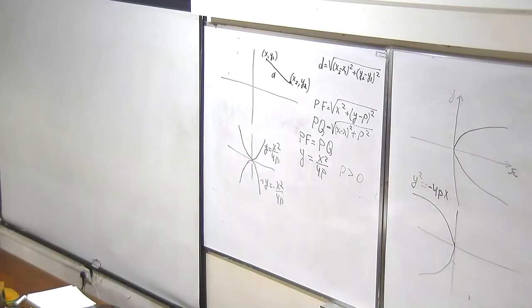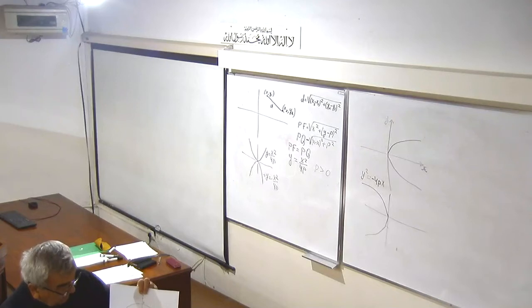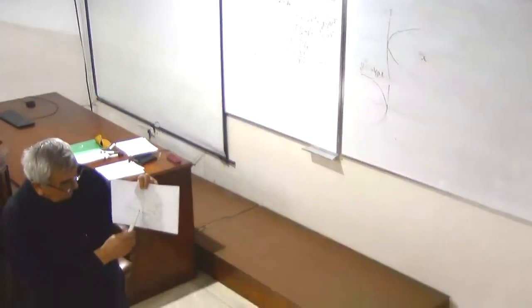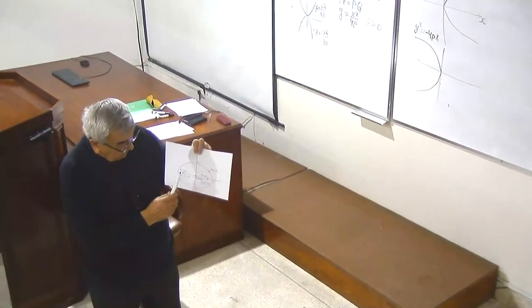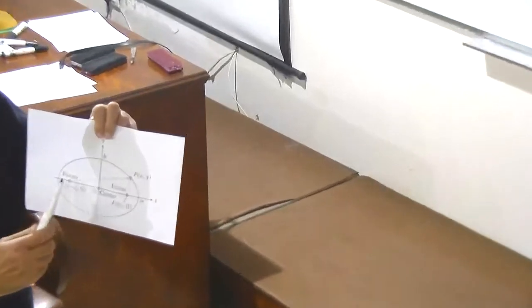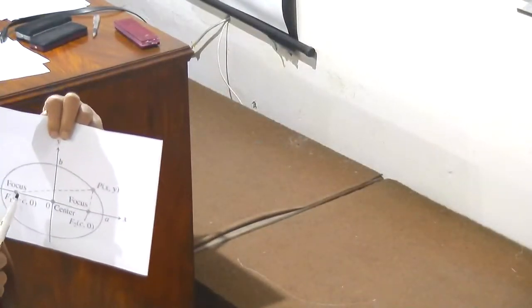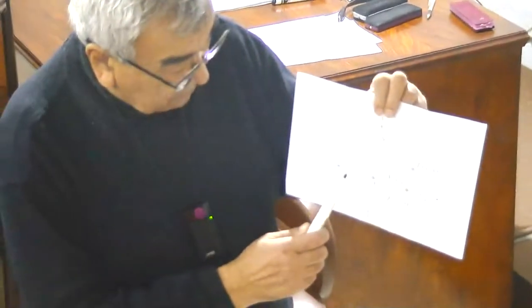For this case there will not be one focus, there should be two foci. This is focus 1, noted by the letter F1. Its coordinate is minus c. That means this is a distance equal to c, but because it is on the left side of the y-axis, it has a negative coordinate, and the y coordinate equals 0.